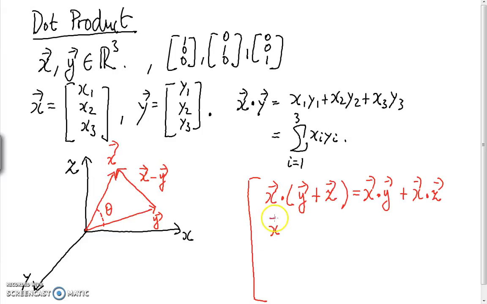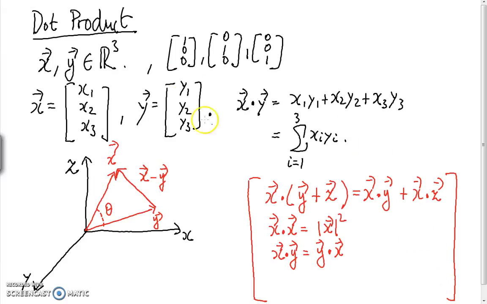Also the dot product of the same two vectors is the same thing as the magnitude of that vector squared. The dot product is also commutative. So these are just some properties of the dot product with the current definition that I've provided, which you can check for vectors in R3. And in fact, it even works with vectors in Rn.